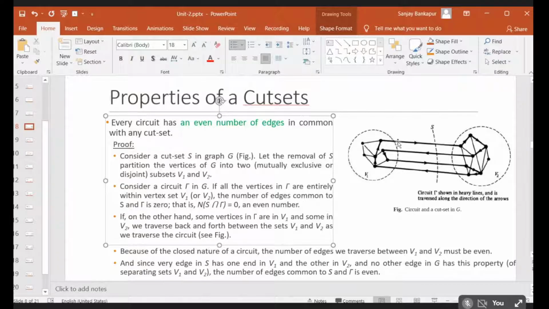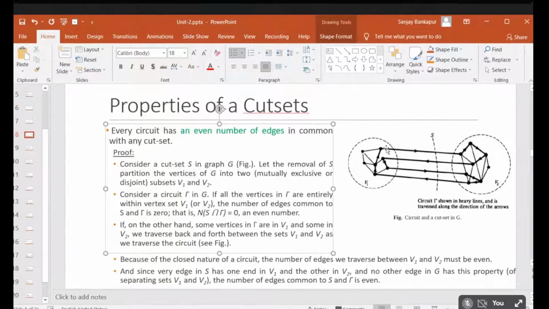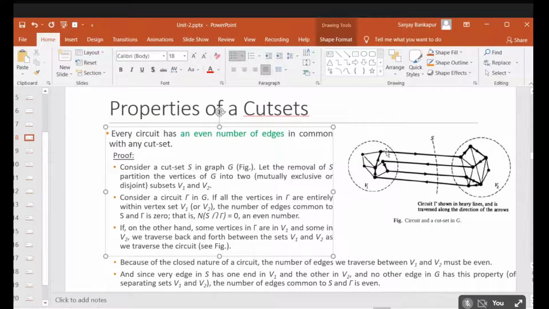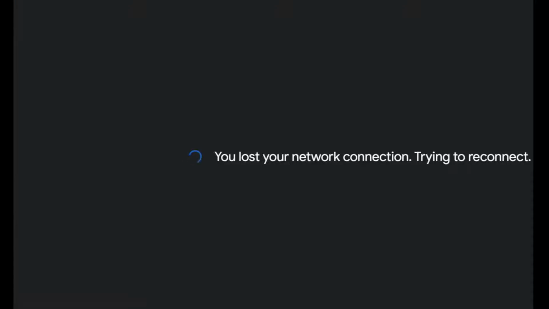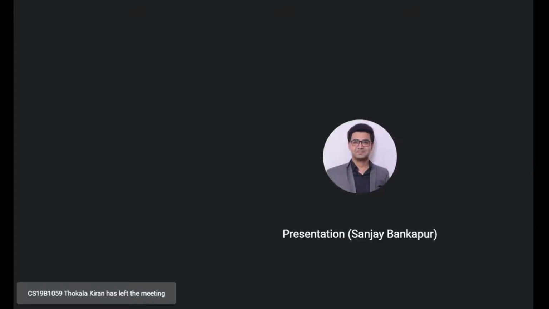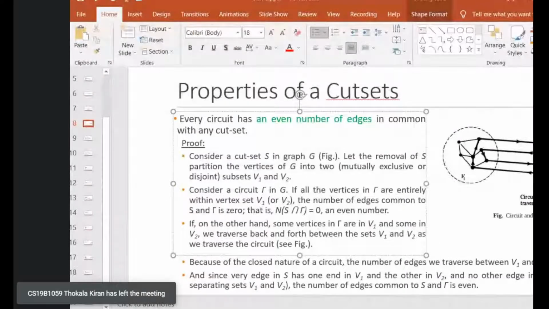That's the closed nature, entry and exit, the closed nature.